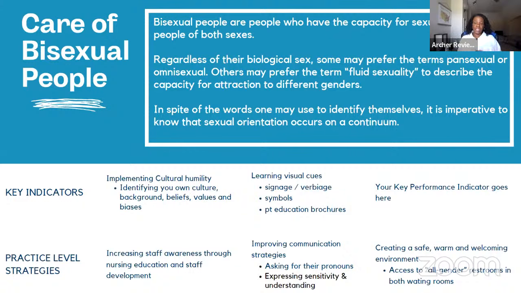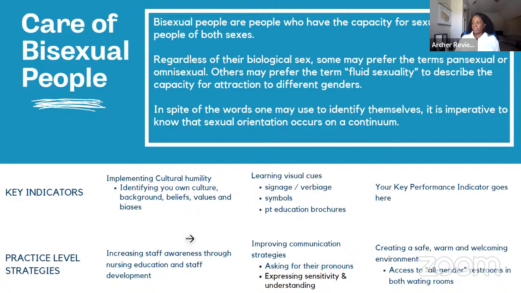You may see SO for sexual orientation, and GI on different literature, which stands for gender identity. The Department of Health and Human Services now requires that all electronic health records certified under Stage 3 of the meaningful use program must have the ability to capture data about their patient's sexual orientation and gender identity.